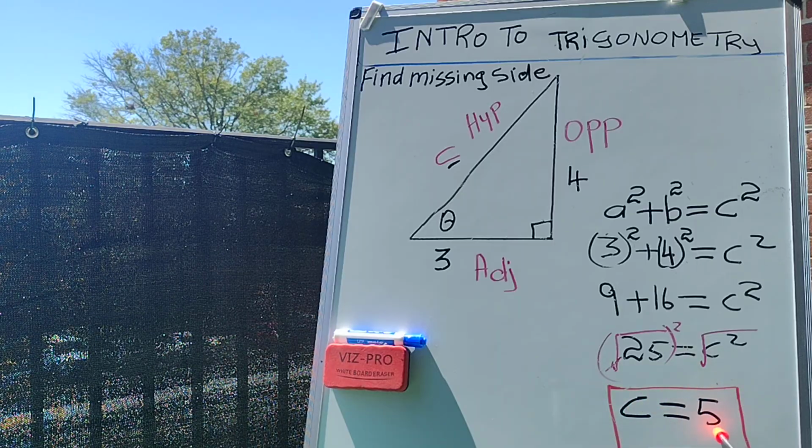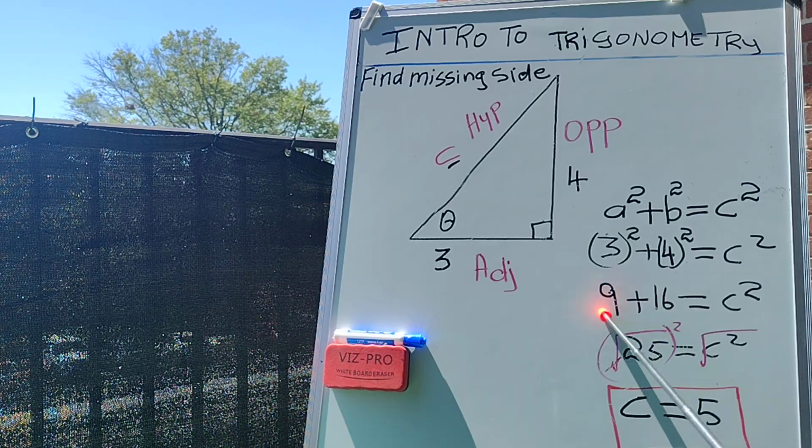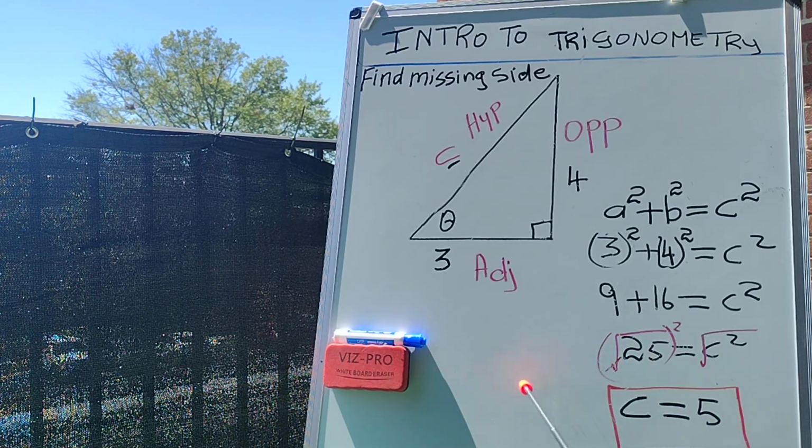Now, there's one thing we have to keep in mind here. This is a perfect square. Why? Because 5 times 5 is 25, and 6 times 6 is 36, or 7 times 7 is 49.